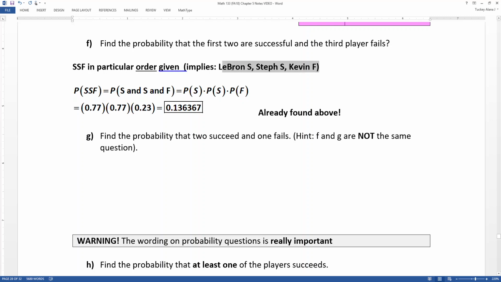All right, so this one's saying, hey, any one of them is a failure. I just typed that up real quick. So this one implies that LeBron succeeds, Steph succeeds, and Kevin fails. But this one implies that there is no order, right? It could be any one of them that's the failure. So that means I want the probability that any two succeed and one of them fails.